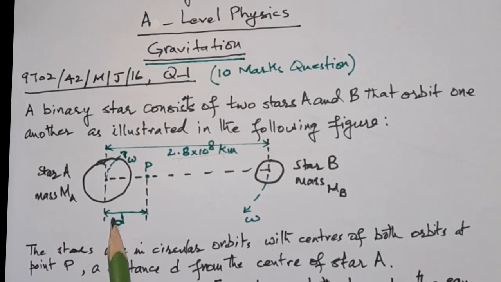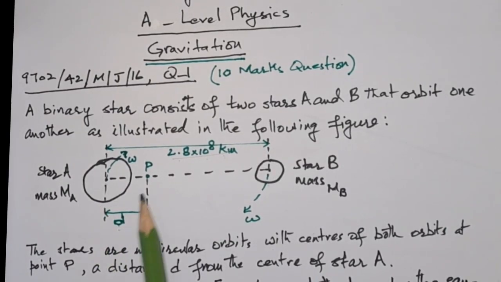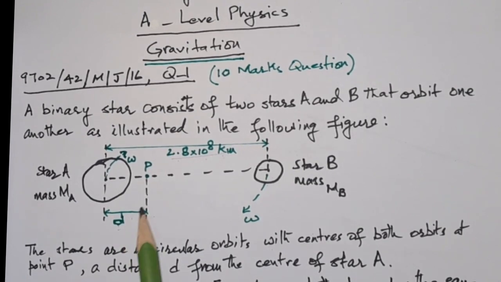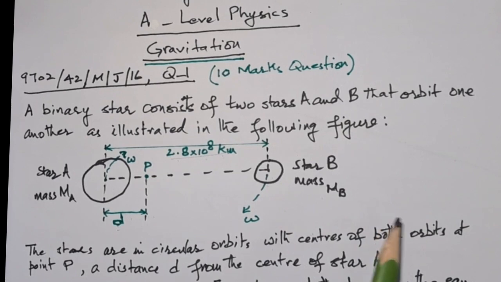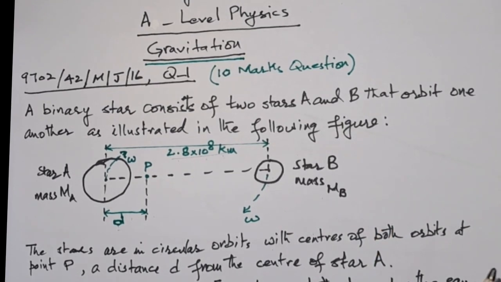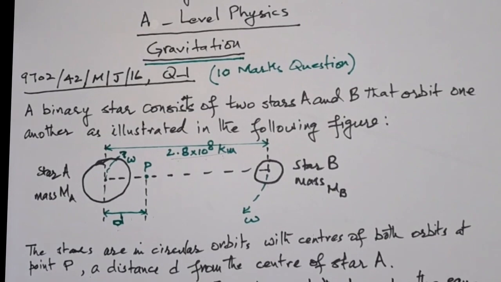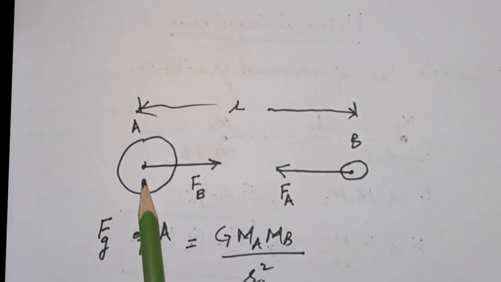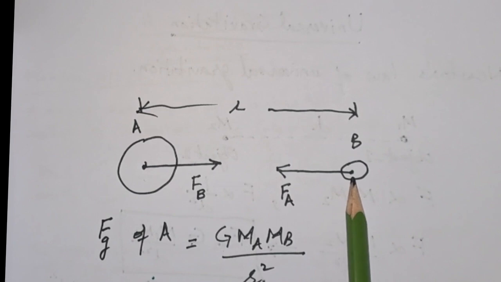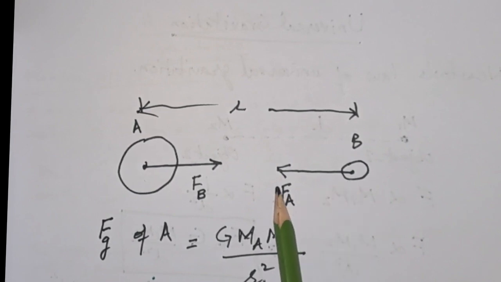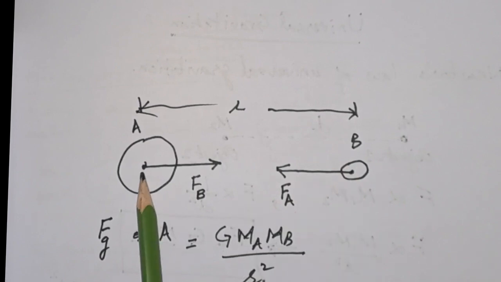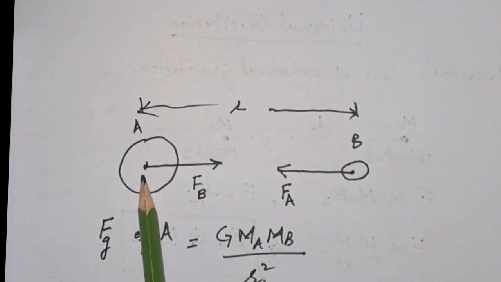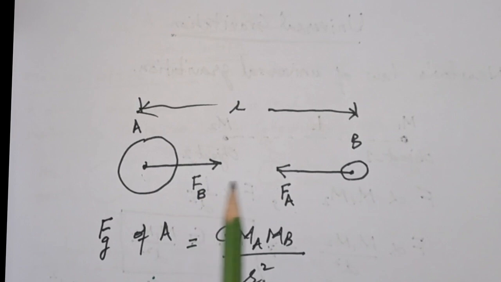Coming back to this question, now we can say that star A and star B are attracting each other with a force of gravity. Star A is attracting star B with a force of gravity which is Fa towards itself, and star B is attracting star A with a force Fb towards itself.